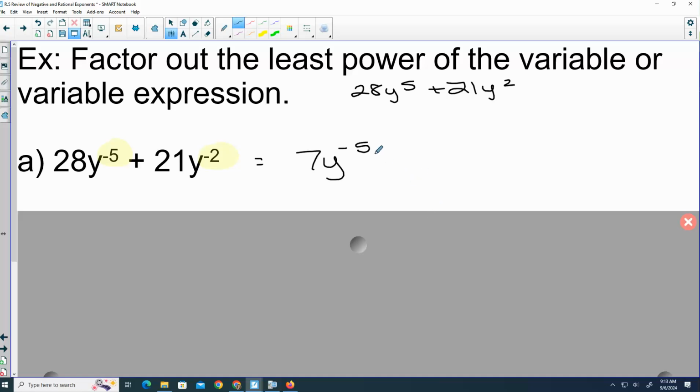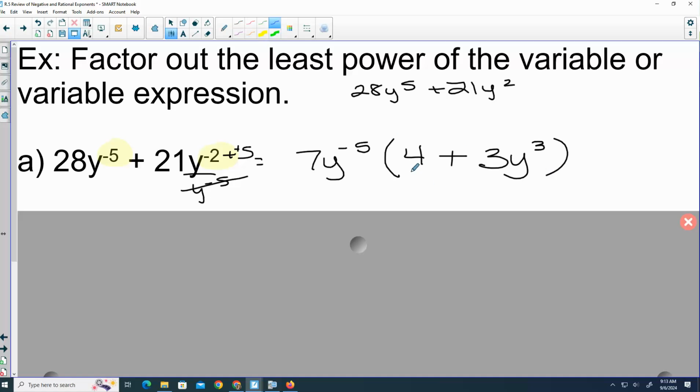Okay, I'll show you why right here. So 28 divided by 7 is 4. I had y as a -5 and I took it out, so that's 1. 21 divided by 7 is 3. When you take it out, you're dividing it, right? So it's really subtracting that exponent. -2 minus -5 becomes y to the third.